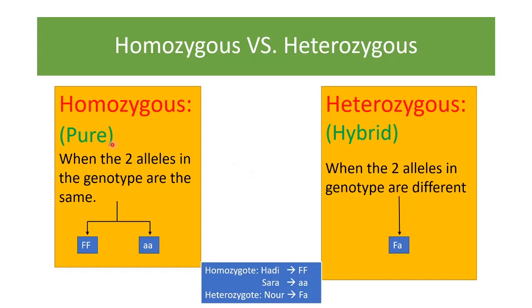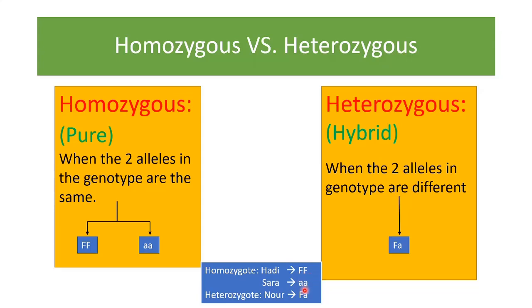Also homozygous, usually we express it as pure, since the two alleles are the same. Also, instead of heterozygous, we can say that he is hybrid for this trait, since he has two different alleles. What about our example? For example, Hadi has FF genotype, Sarah has AA genotype. So both Hadi and Sarah are homozygote. That is, they have a homozygous genotype, since the two alleles in their chromosomes or in their genes are the same.